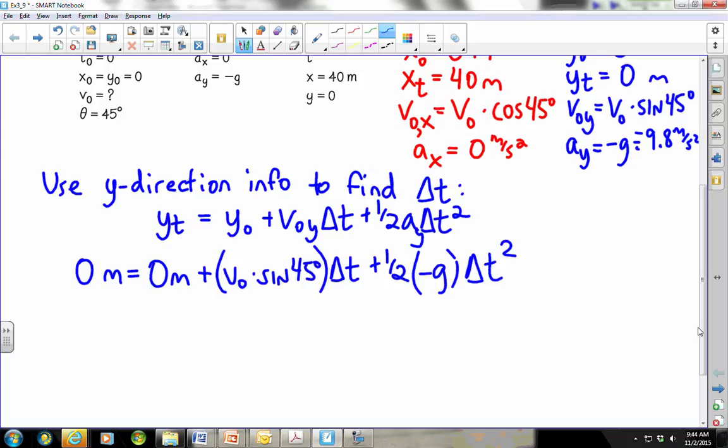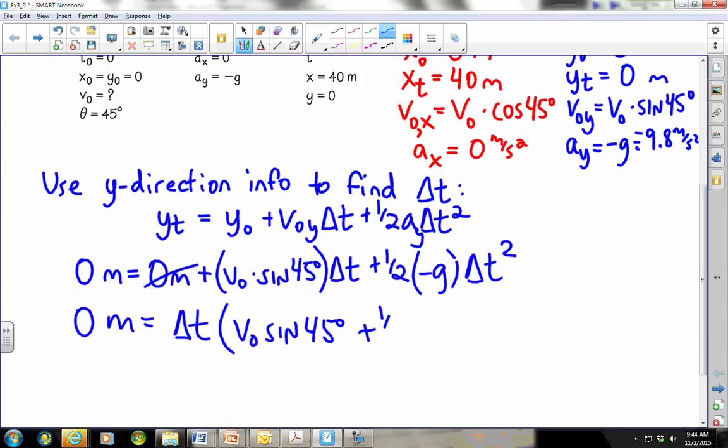Since this equals 0, there are two solutions here. Let's factor out time. If I factor out delta t, I end up with delta t times v naught times sine 45 plus 1/2 times negative g times delta t.